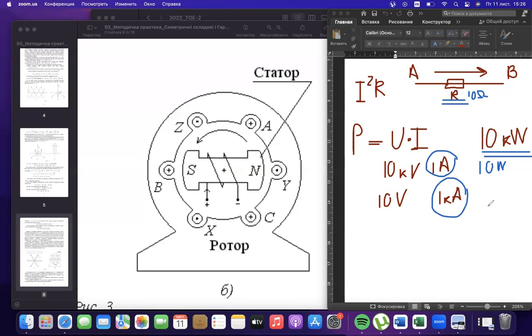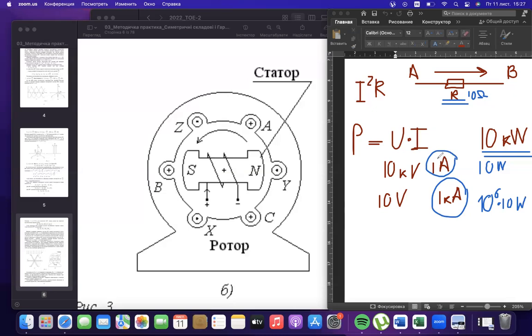In the second variant, we are spending 1000 squared, which is 10^6, times 10 watts of power, just to heat a wire that we don't want to heat. That is why it is quite important for efficiency that the smaller the current we take, the better for us.